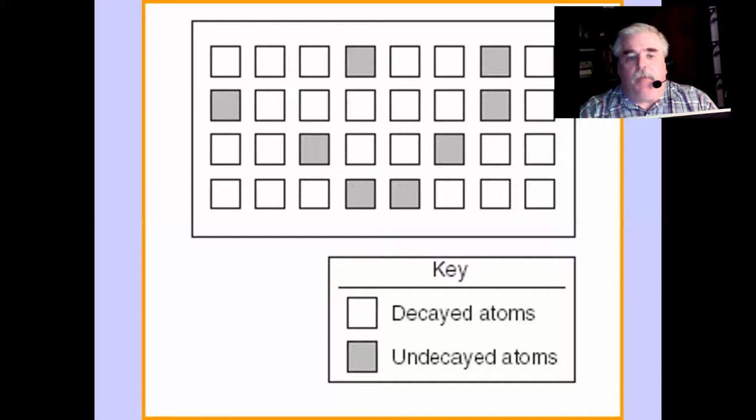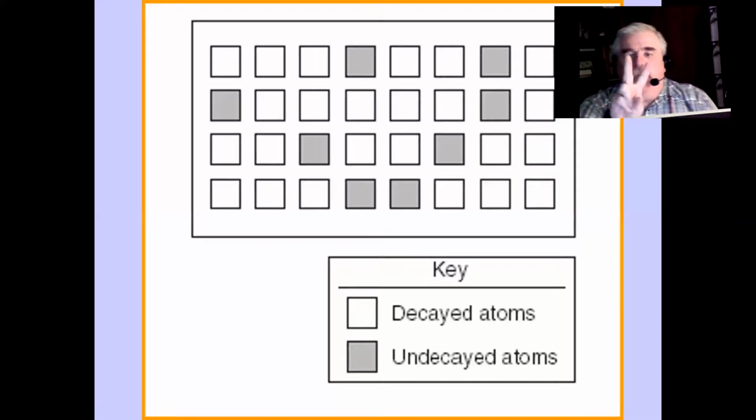Now take a look at this diagram and count them up. If you count up the gray boxes, you're going to count 1, 2, 3, 4, 5, 6, 7, 8. So there's 8 gray boxes. So how many half-lives did this undergo? If we started with 32, after one half-life, you have 16. After another half-life, you have 8.